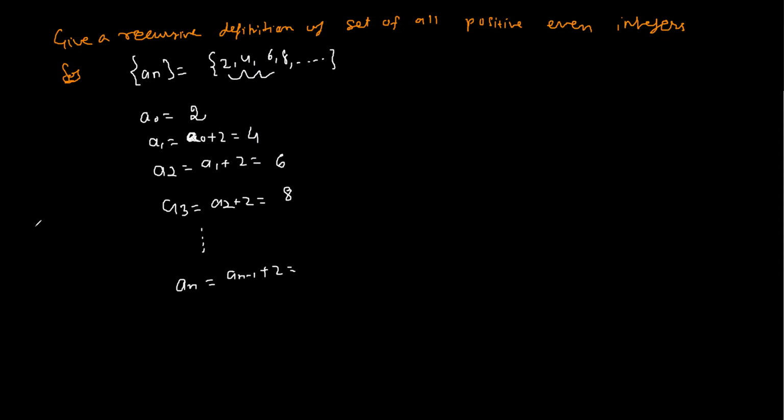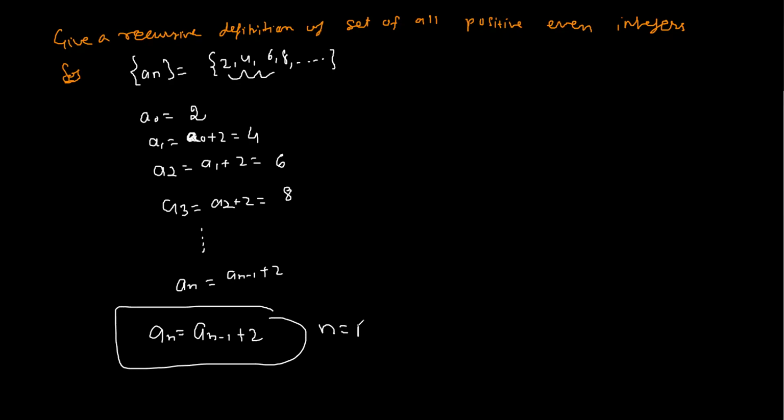So in general, an is equal to an minus 1 plus 2, for n starting from 1. Here a0 will always be given. This is called the boundary condition or initial condition.